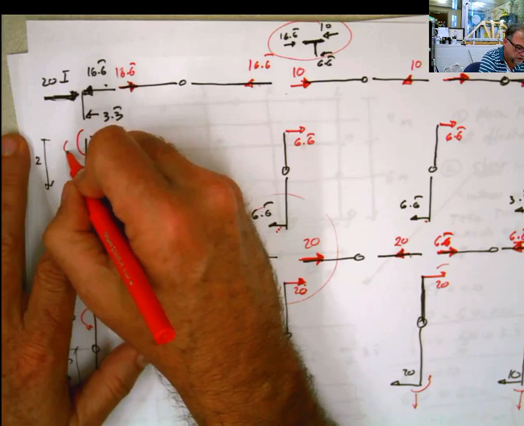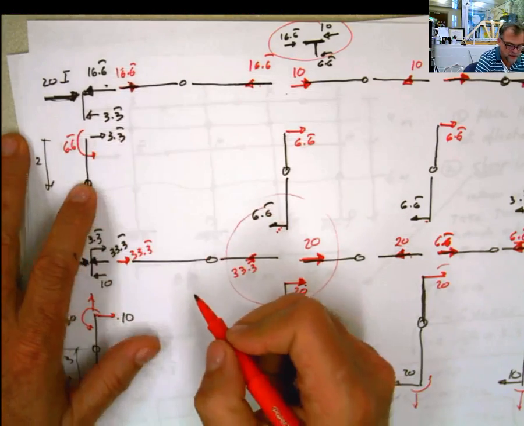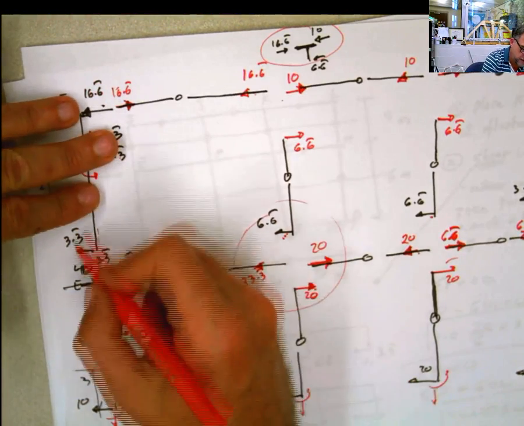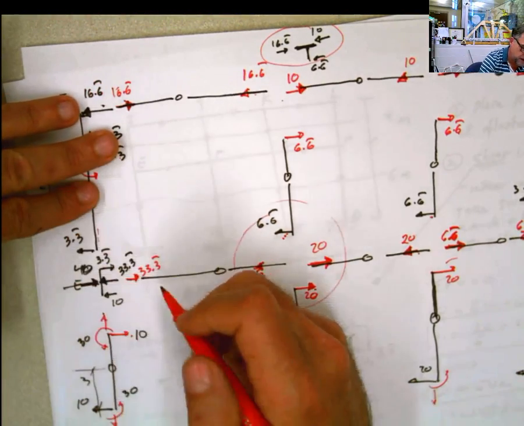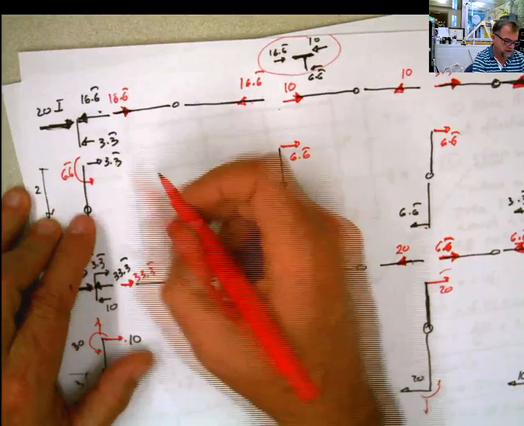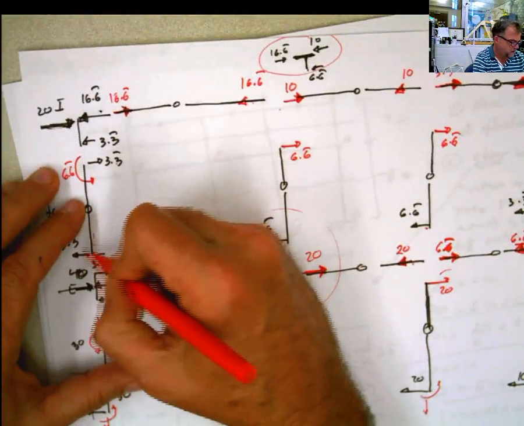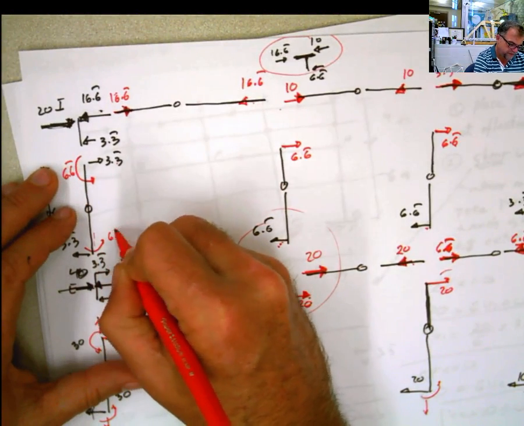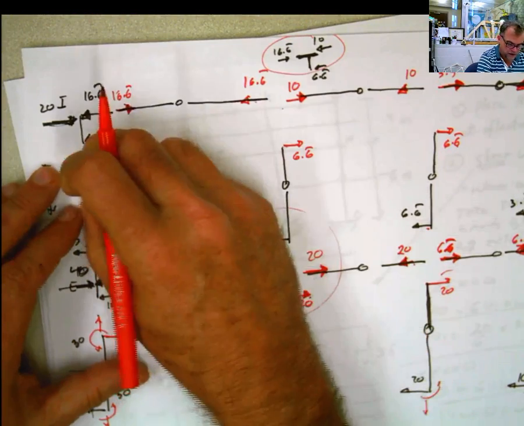So this moment is going to be 6.6. And if I do the bottom part, I'm going to have the same thing, because this is 2. So this moment should also be 6.6 in this way, because it's the same, right?